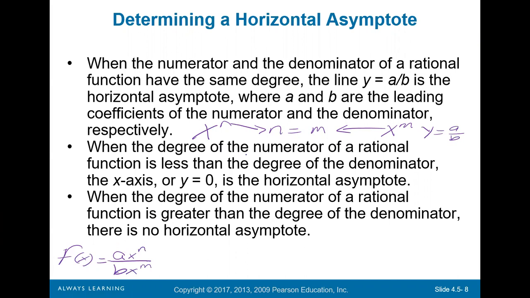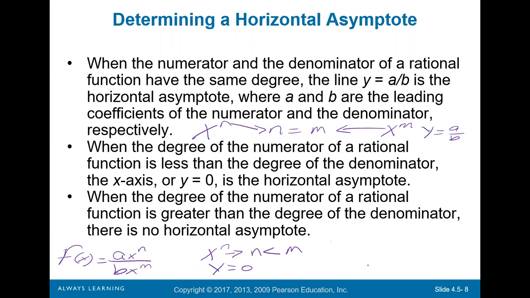Now, if the numerator degree n is less than the degree from the denominator, then that means y equals 0.